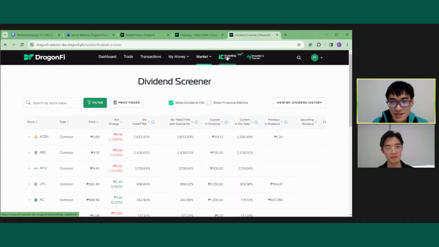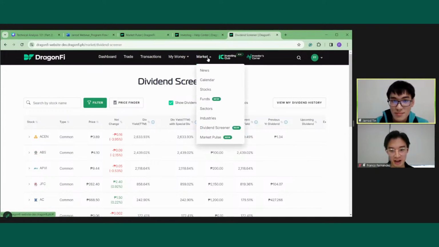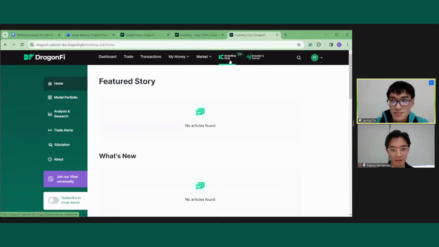So in the trading platform, aside from what you see on the screen now, we have the dividend tree, which is one of the very great features that we have. But the one Jared was talking about was the investing club and the investors corner. With the club, that's where we hold our model portfolio.